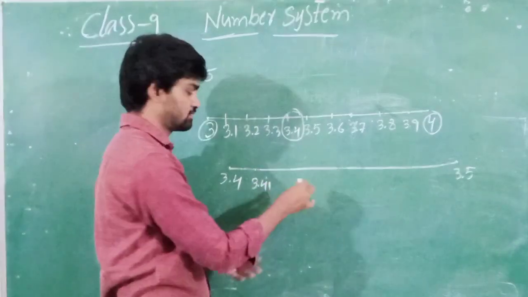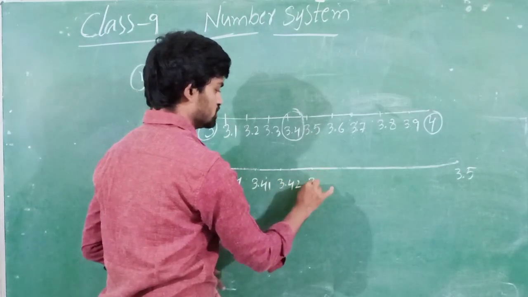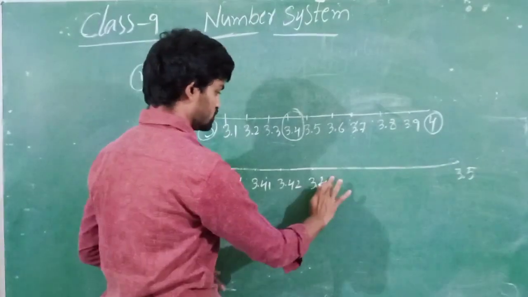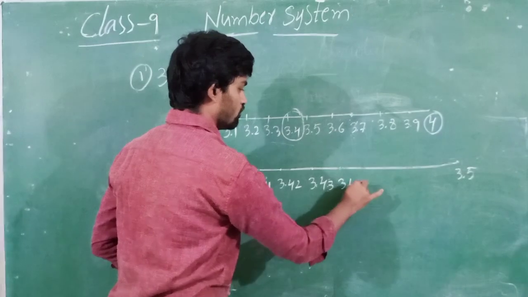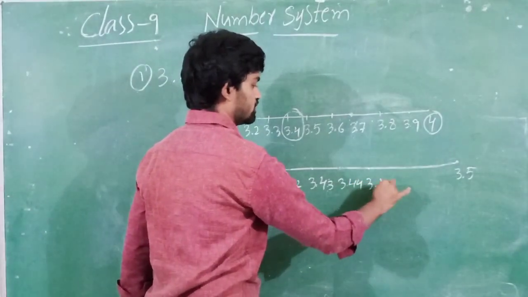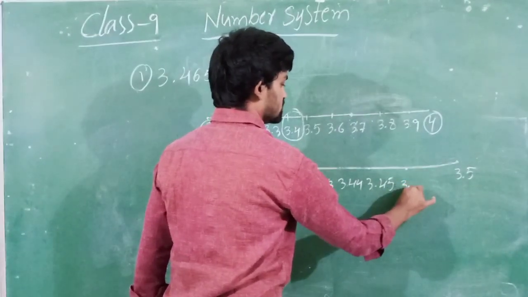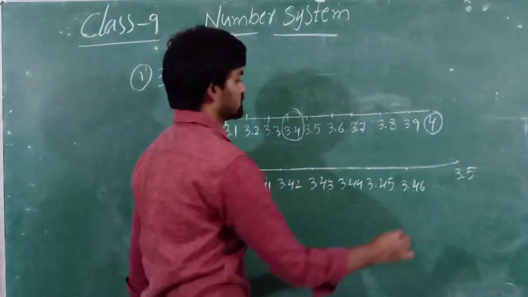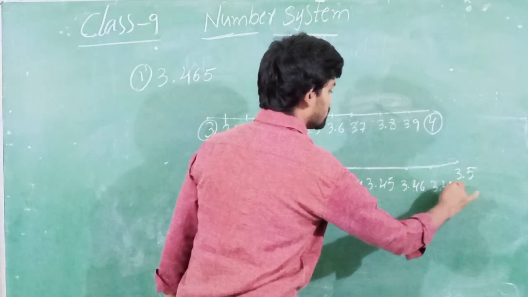Again insert 10. 3.41, 3.42, 3.43, 3.44, next 3.45, next comes 3.46, next 3.47.